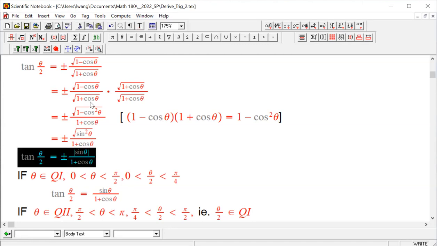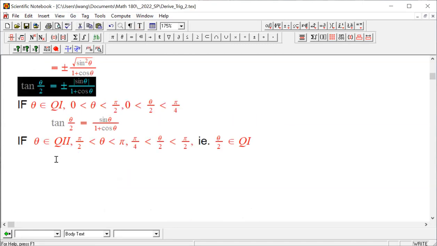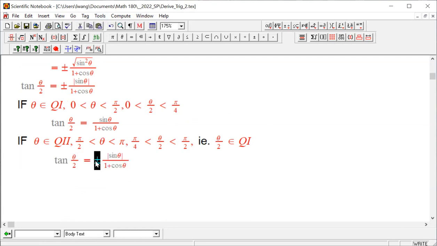So this piece, we will choose a positive sign. Sine theta in the second quadrant is positive, absolute value positive, so that's still the same. So now look at if theta is in the third quadrant.